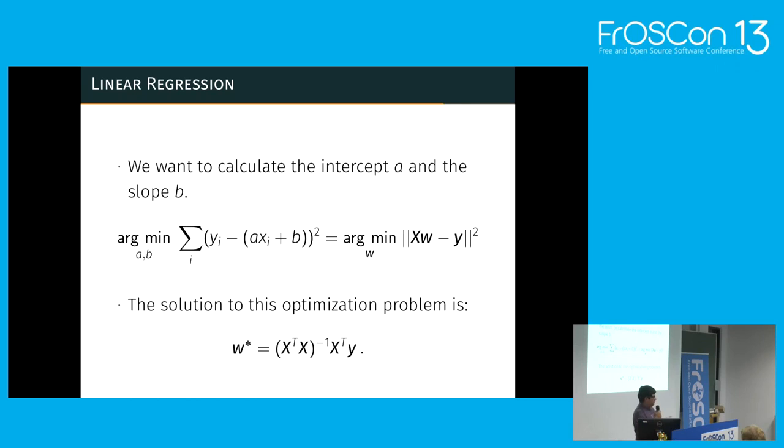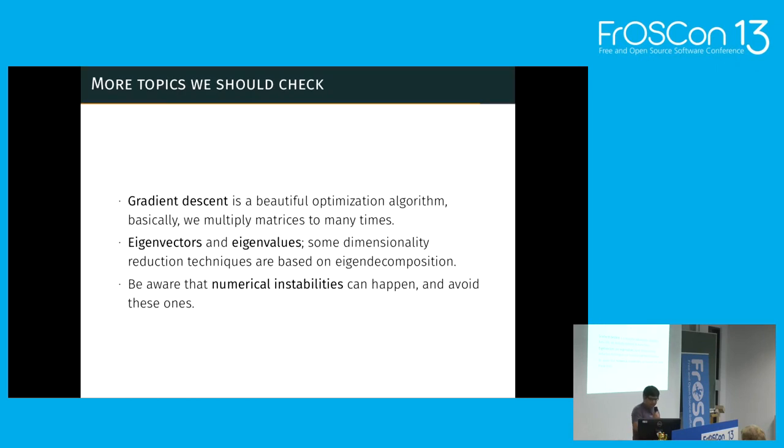Again, as a conclusion, it is a good idea to go deeper and deeper into the mathematical concepts, and this will give us a different mentality to solve data science problems.